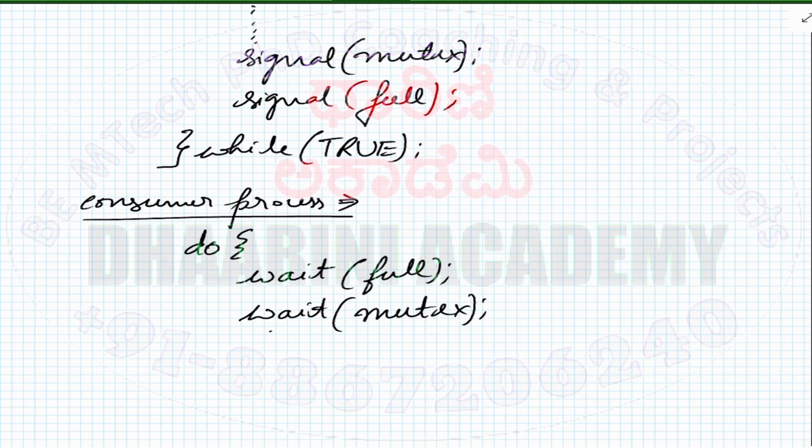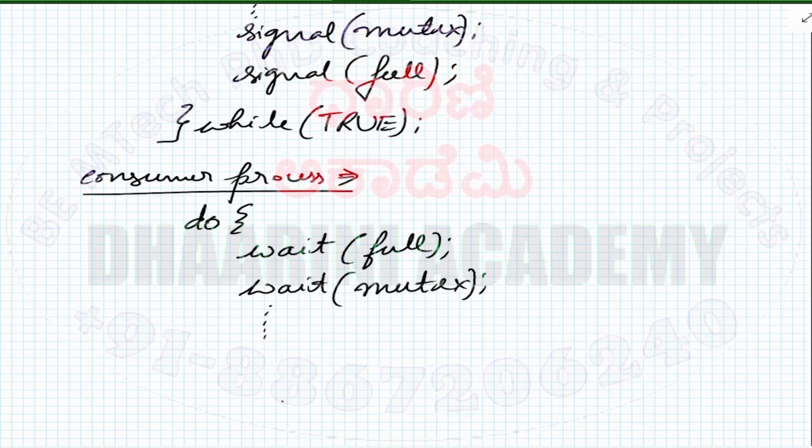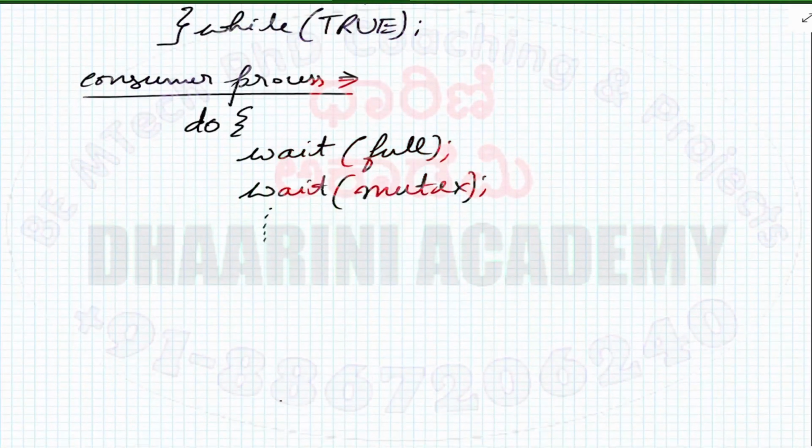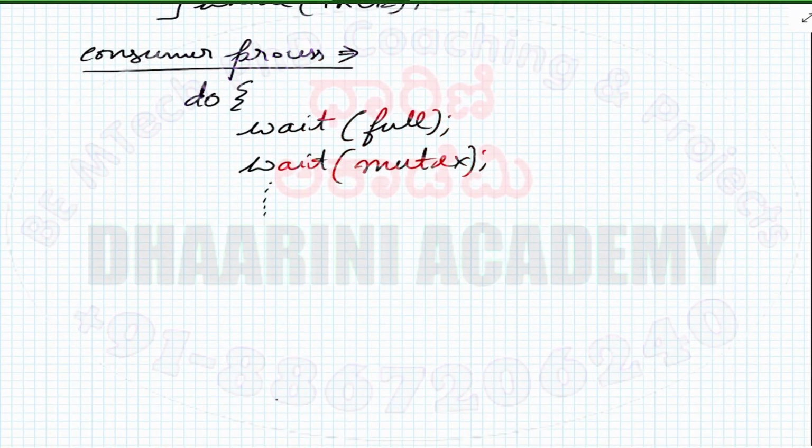right? Then we have the code which accesses the buffer, right? In order to access the buffer, we know that the producer process should not be accessing that. So the first two lines will make sure that it has been done. So the producer process has placed the item on the buffer.